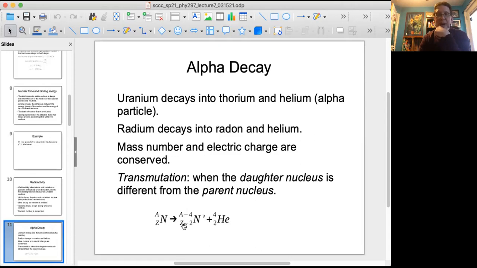A has been reduced by 4, Z has been reduced by 2, and you have a helium atom that gets ejected, or at least a helium nucleus. Sometimes it may take, due to electrical attraction, some electrons with it, but that's not a given.